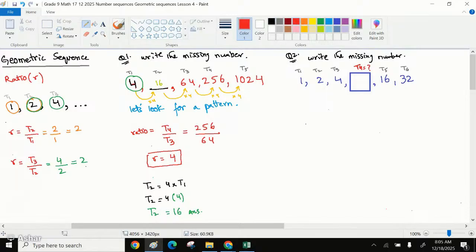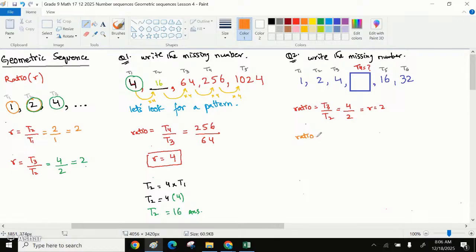So let's suppose if we would want to look at the pattern, let's find the ratio first. If we take term 3 divided by term 2, can we say term 3 was 4 divided by 2 and the ratio comes out to be 2? Let's verify with some other value.